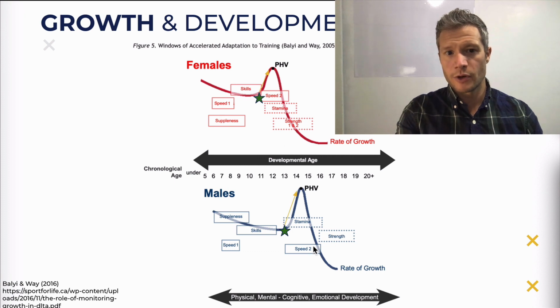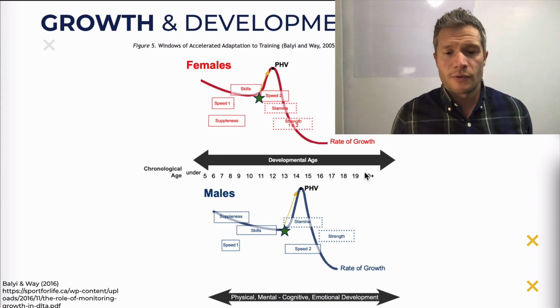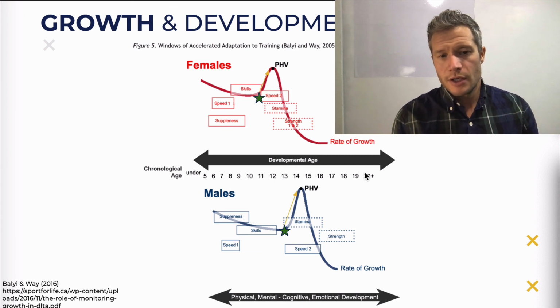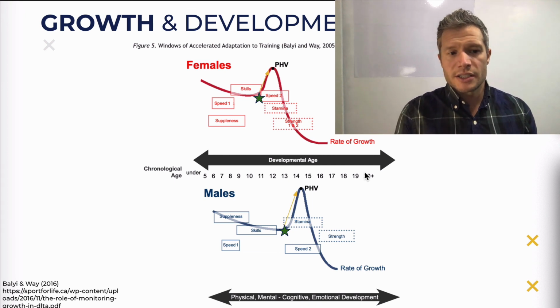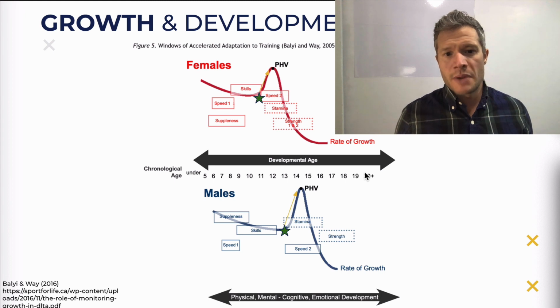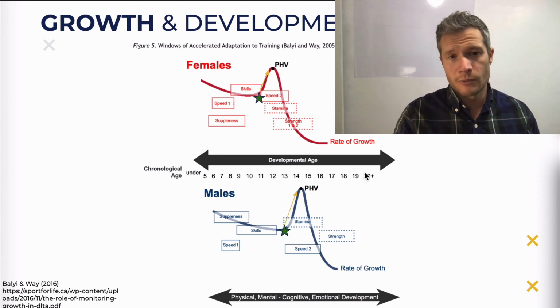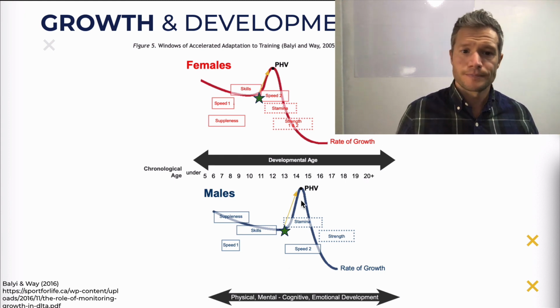Speed is something you can work on. And again, once peak height velocity is completed, that's when you can work on strength, okay? The reason for that is based on the changes that can happen by bearing external resistance and weight.